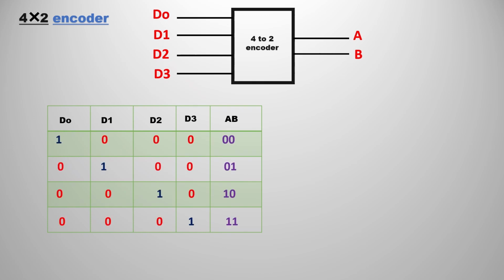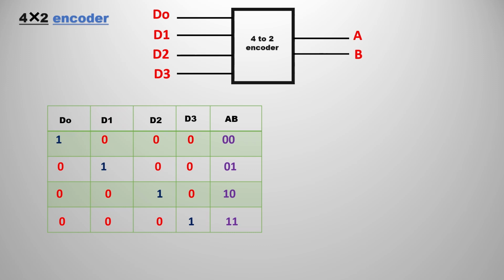Let's quickly see the truth table for the 4 cross 2 encoder. There are a total of 4 inputs, so according to that I have drawn the truth table with D0, D1, D2, D3 and A, B. As I said, we pass input in only one of the variables: D0 first, D1 second, D2 next, and D3 next.